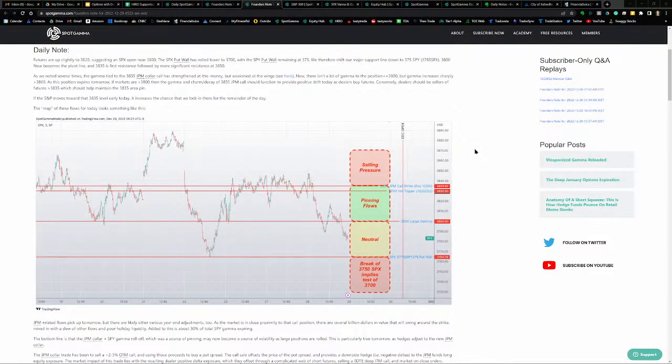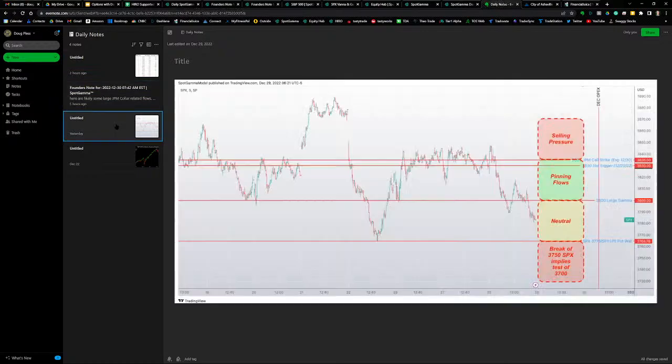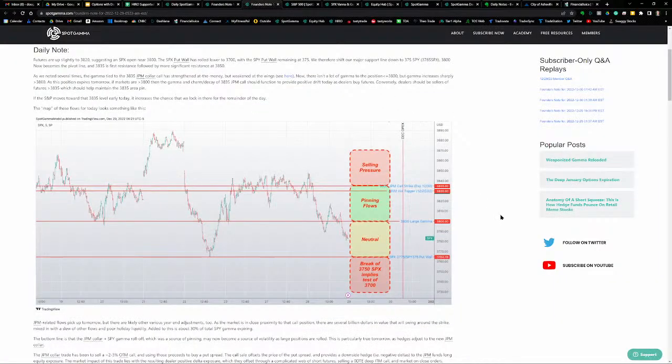I just want to make sure everybody knows this is from yesterday. And now, well, this is about the same size. So we can go back, we'll just look at it here. What this is showing is the 3,800 strike. And yesterday, remember the put wall was down at 3,700 for SPX. So further down, but this is the SPY put wall.